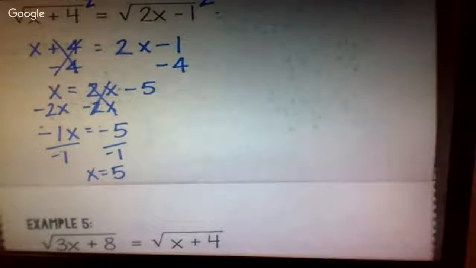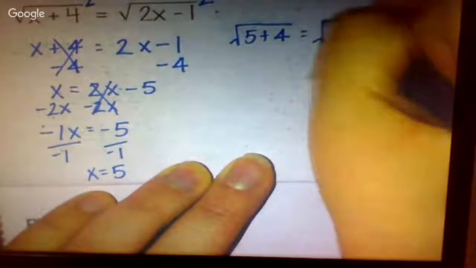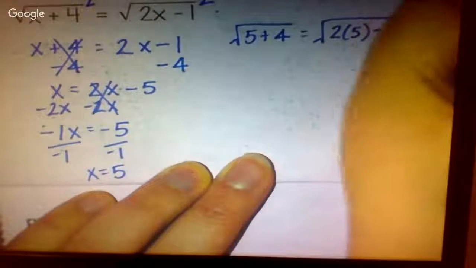Again, the last thing you need to do is check it. So we've got the square root of 5 plus 4 equals the square root of 2 times 5 minus 1.